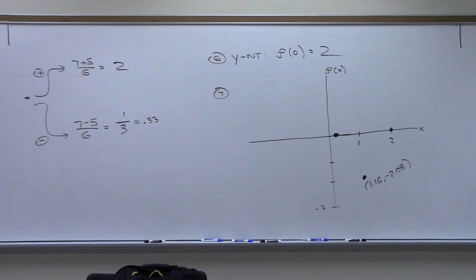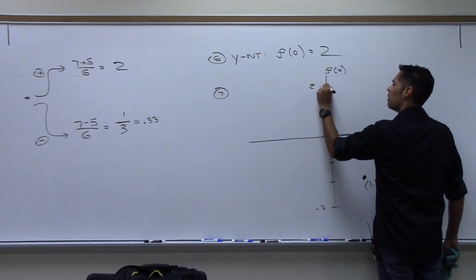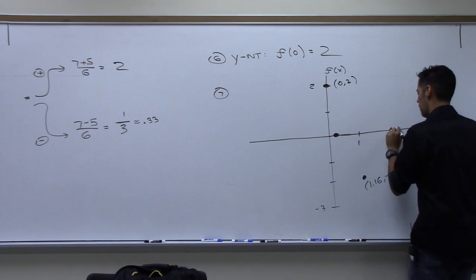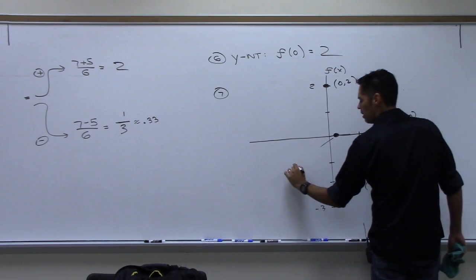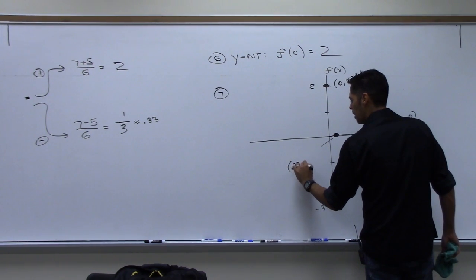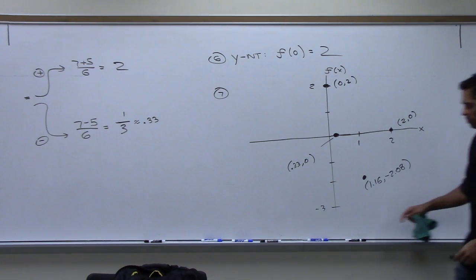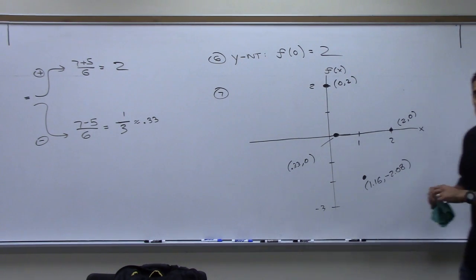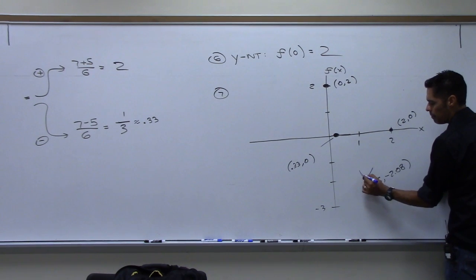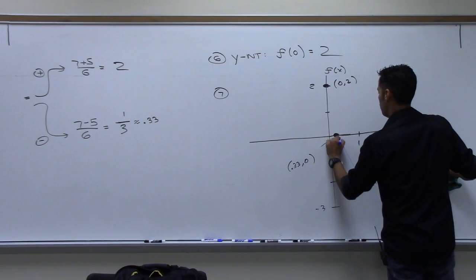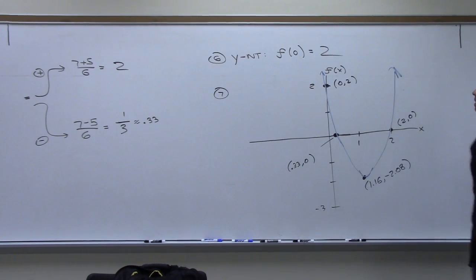And last thing, y-intercept, which was 2. I forgot to label those points. This is 0, 2. This is 2, 0. And this one right here was 0.33, 0. And I will draw now my parabola, curving out the bottom and bringing it up. Whoa. Good enough.